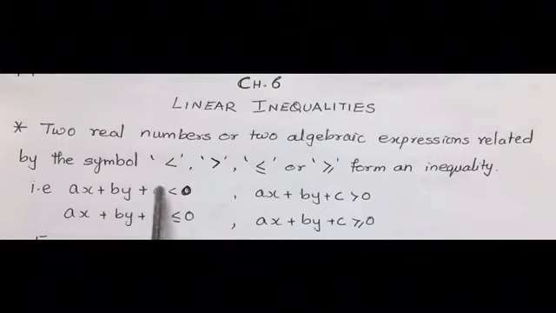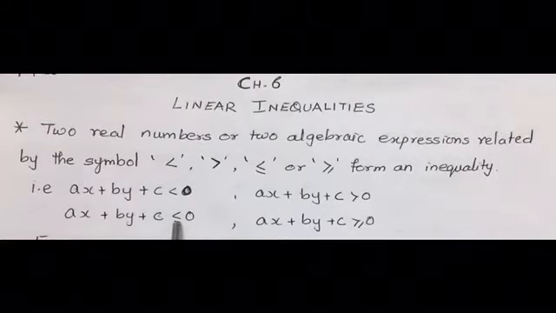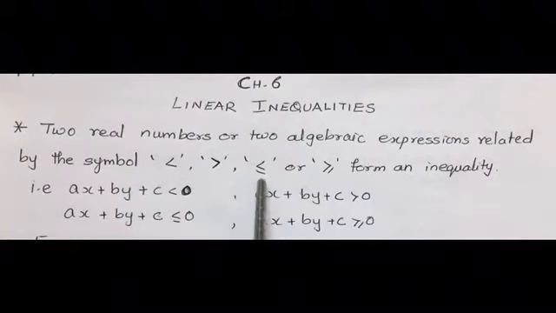Now here, instead of putting an equality sign and making a linear equation, there will be a sign of inequality like less than, greater than, less than or equal to, or greater than or equal to.